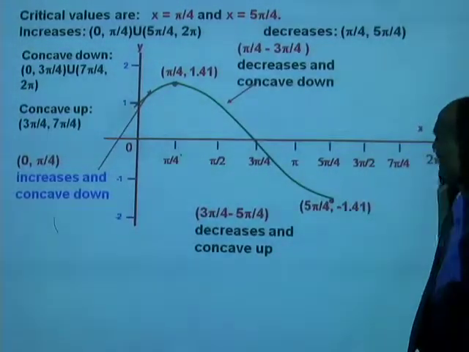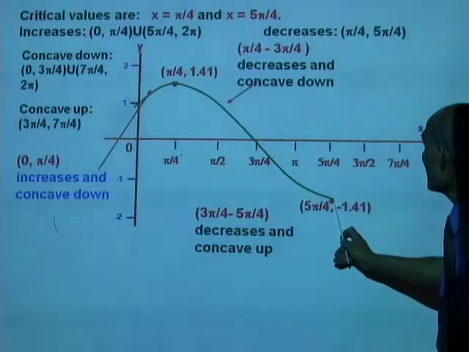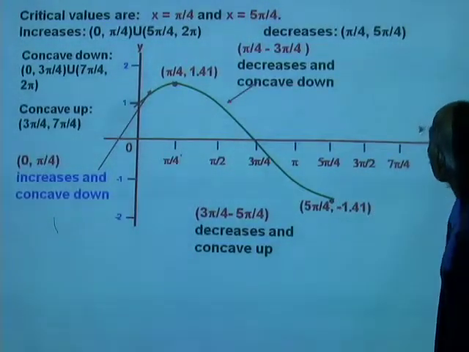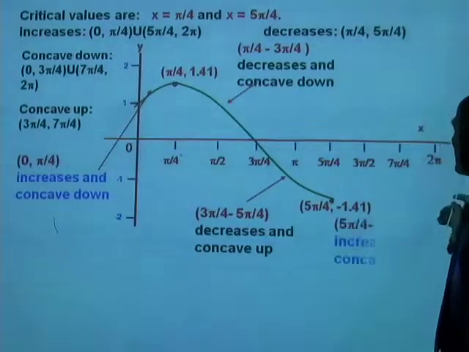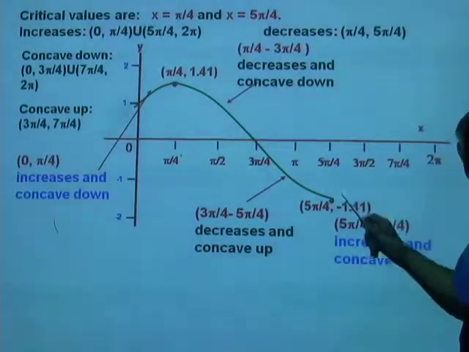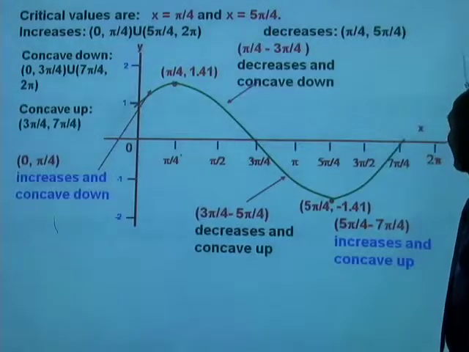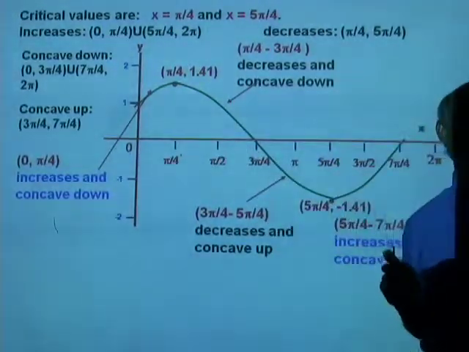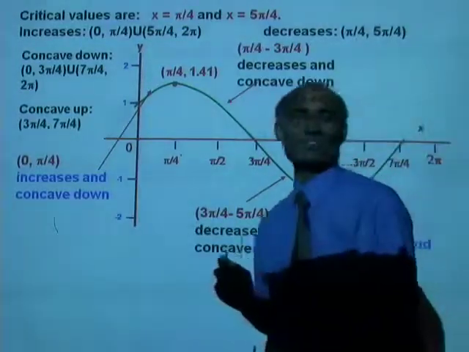Look at that. And from 5 pi by 4 to 2 pi, it is increasing and concave up. On this interval, it increases and concave up. And look at that beautiful function graph we have constructed.